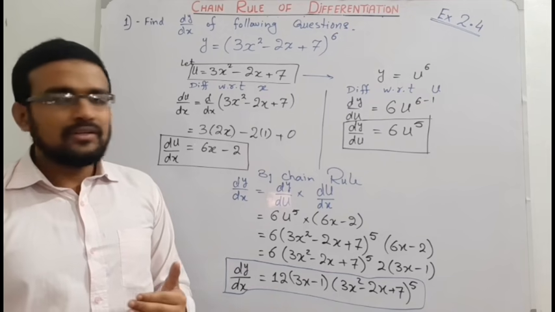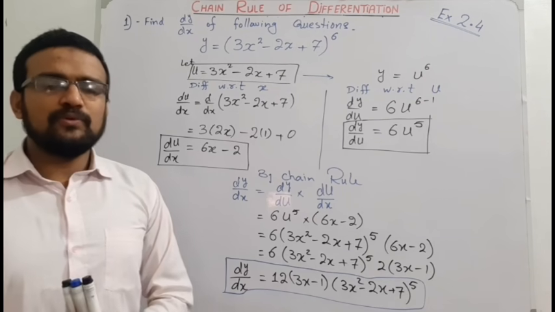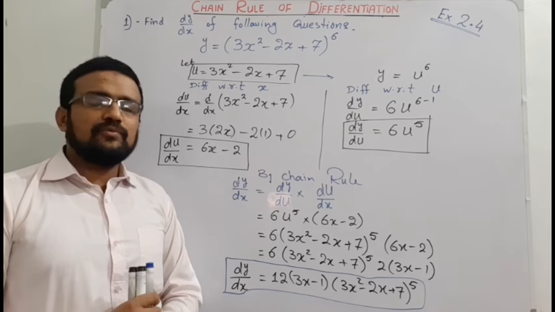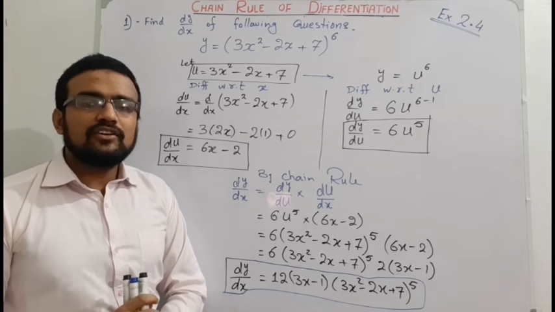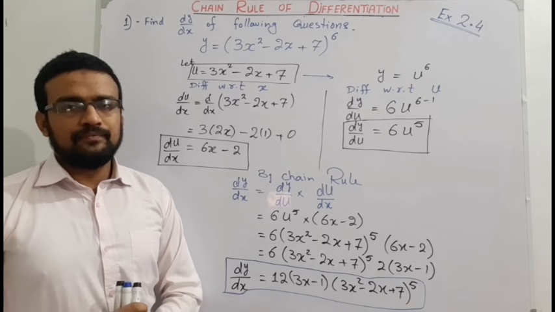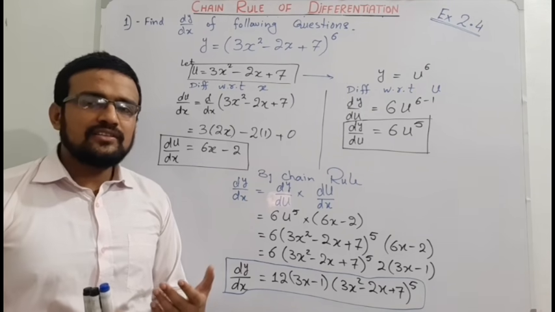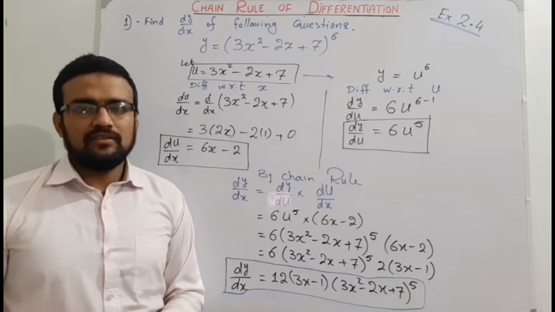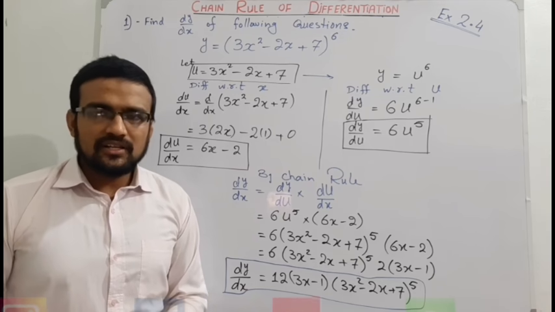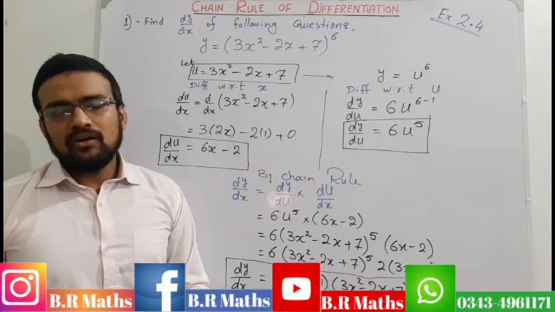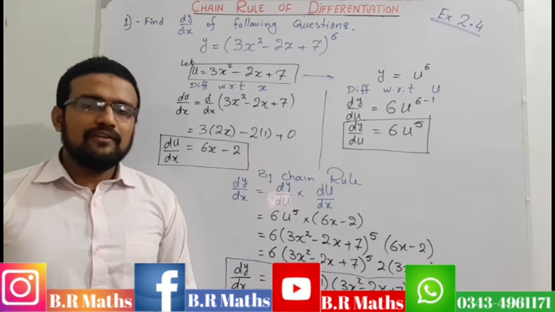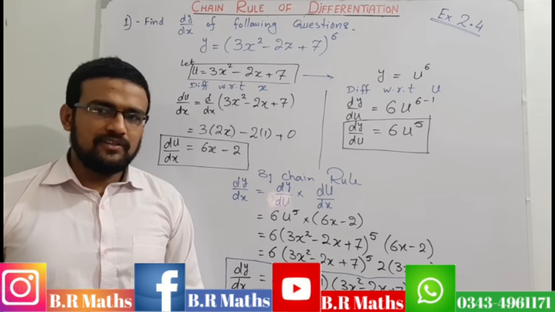But the other type of function is called a parametric equation. Now students, I will discuss the parametric equation. What is a parametric equation and how can we solve the derivative of a parametric equation?